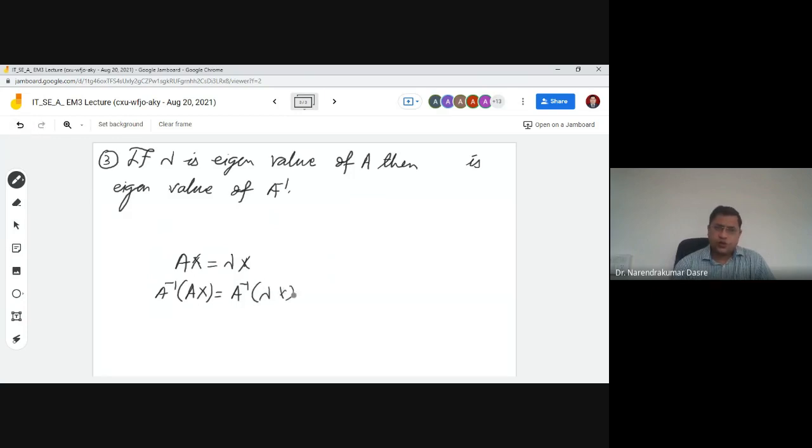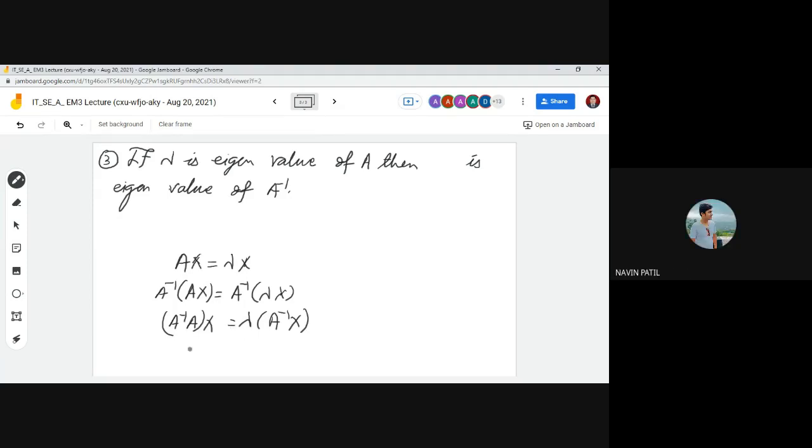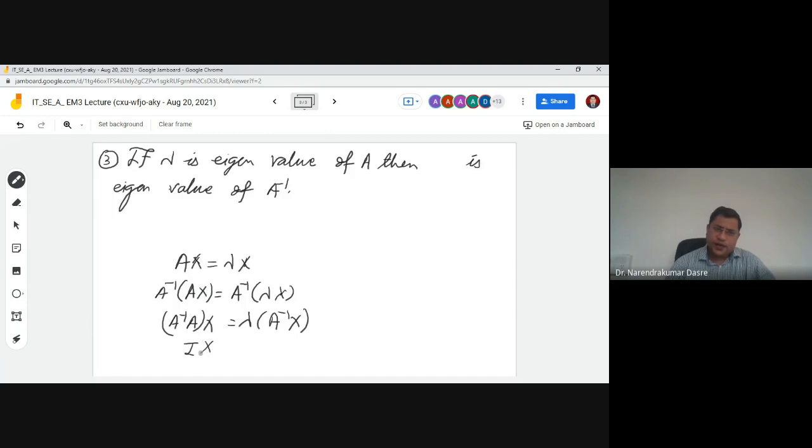Now A inverse into A into x, and lambda being a scalar, I can write this as lambda times A inverse x. Can you tell me the value of A inverse into A? It is I, the identity, and this is going to be x, and you'll have lambda times A inverse x.